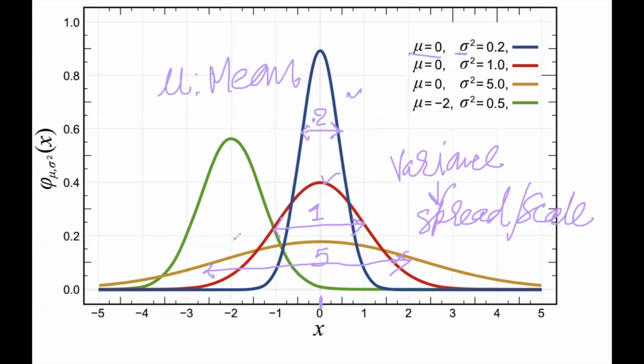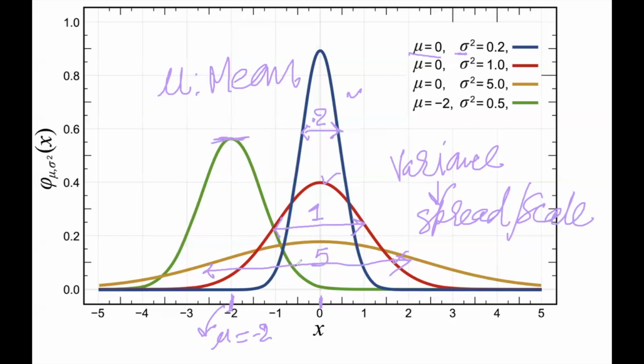So if your mu changes, for this green curve over here, your mu is at point -2. This is my mean for this curve. Mu is equal to -2. And this is the peak of my hill in the probability density function.